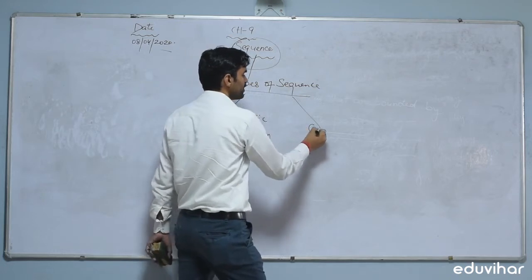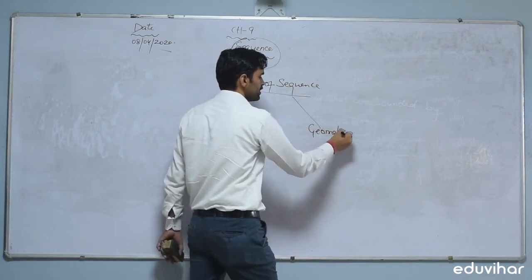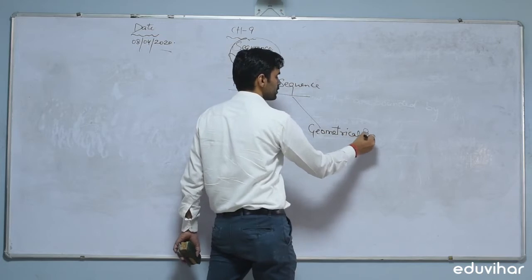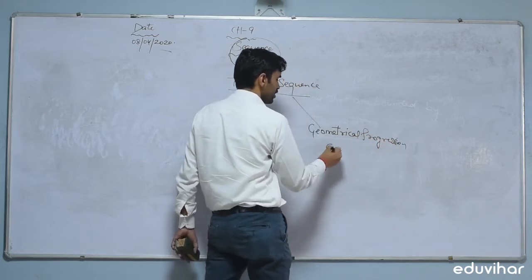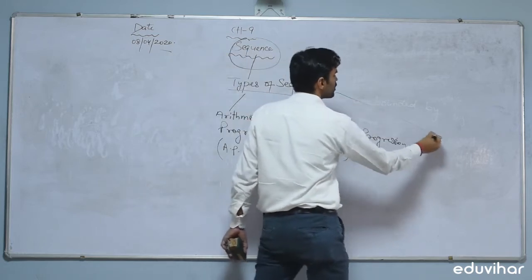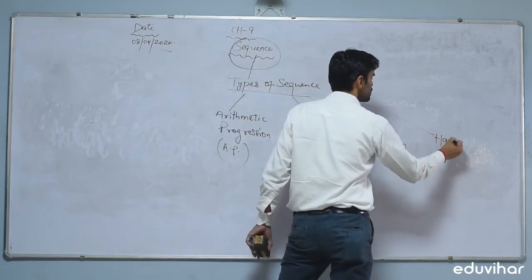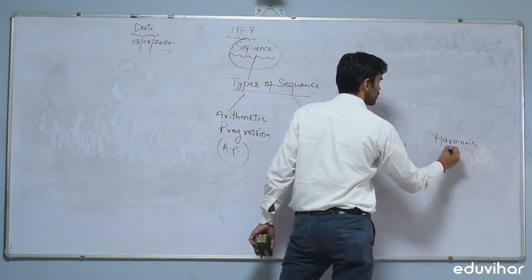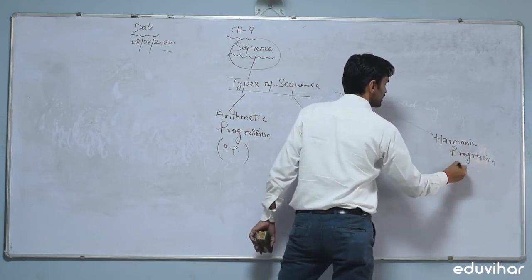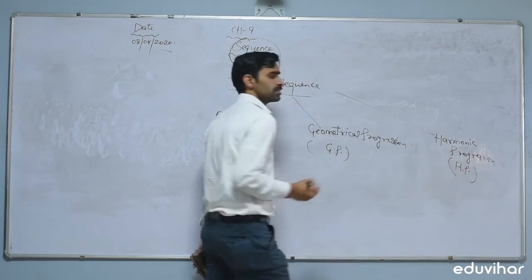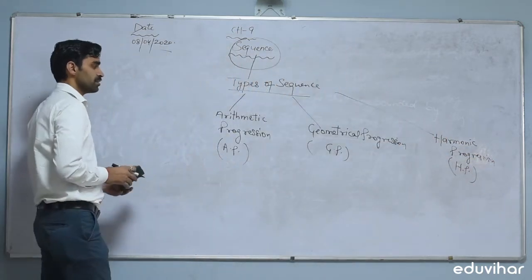Second is geometrical progression, in short written as GP. Third is harmonic progression, in short written as HP.